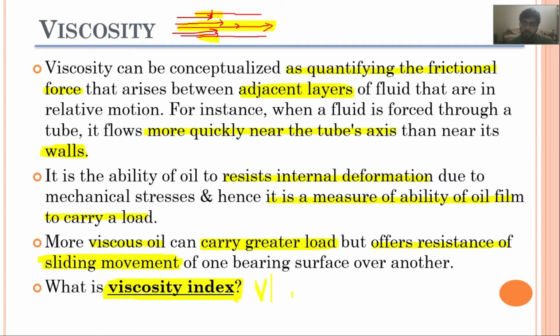So if your lubricant oil is changing its viscosity to much higher values, it means that it has a low viscosity index number. But if the change in the viscosity with the change in temperature is low, it means that it is maintaining its viscosity over the larger period of the temperature change. It means that it has a higher viscosity index number.